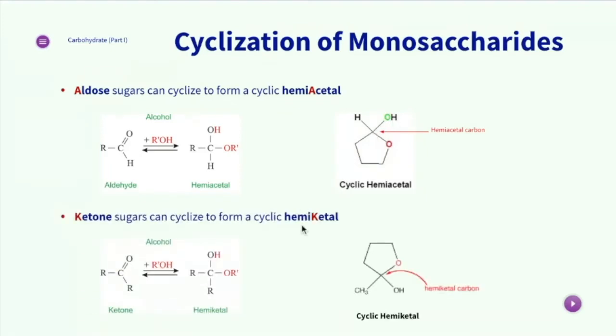For a ketone sugar, it can cyclize to become a cyclic hemiketal. So this is an aldose. Maybe you can remember A for aldose, then it becomes the hemiacetal. Then K for ketone becomes the hemiketal. Okay. So the hemiketal ring is bonded to OH and also another functional group.